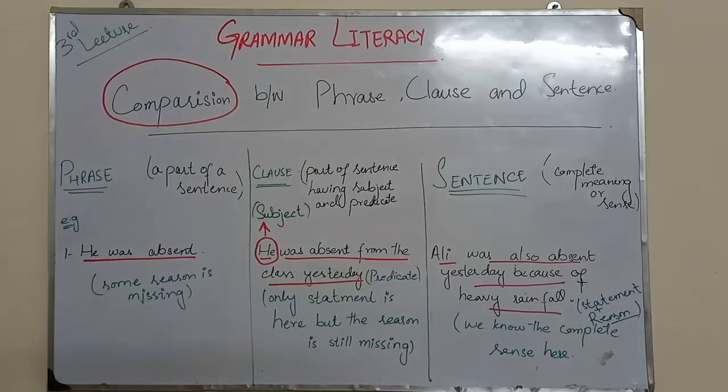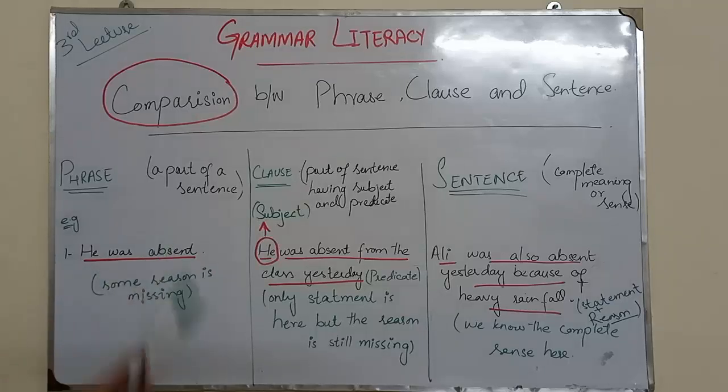Here is a scenario: somebody is asking about someone, where he is or where he was yesterday. Someone is answering that he was absent, or somebody says, I haven't seen him, and someone says he was absent.